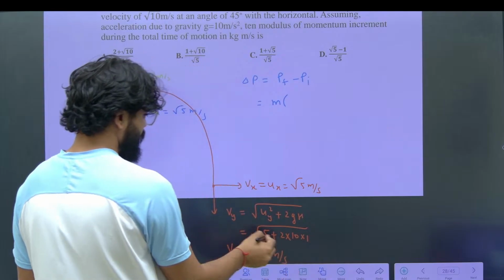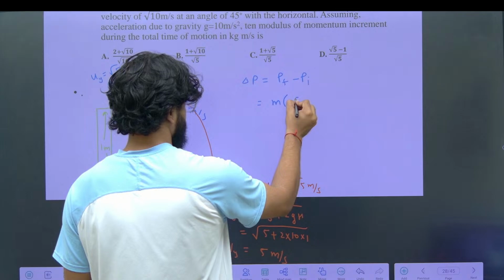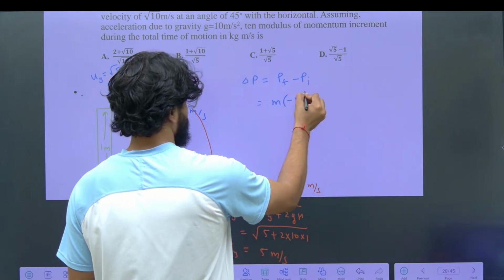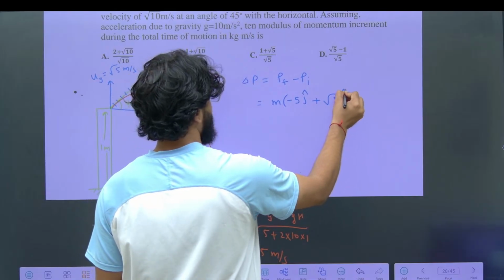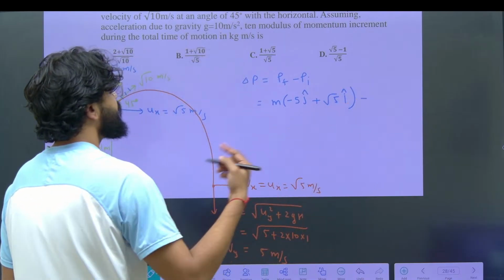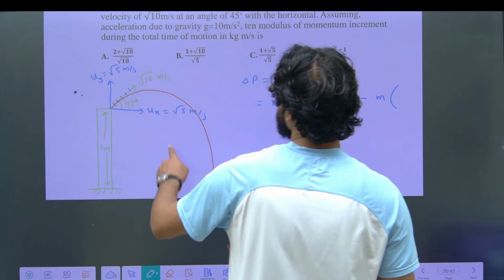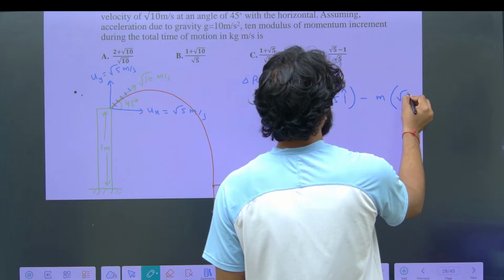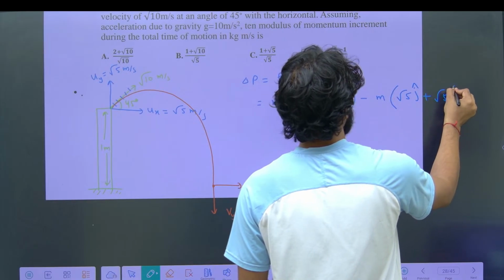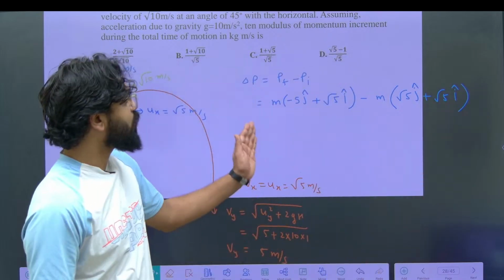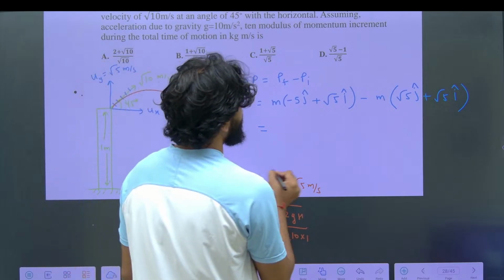If you can see it, pf is minus 5 j cap plus root 5 i cap, minus the initial one, which is m into root 5 j cap plus root 5 i cap. Correct? Yes. So the i part will get cancelled out, only the j part will survive.